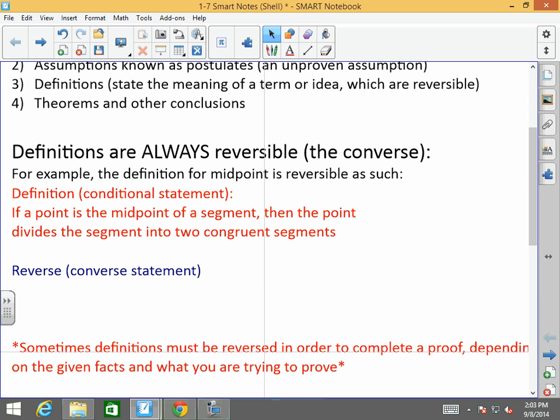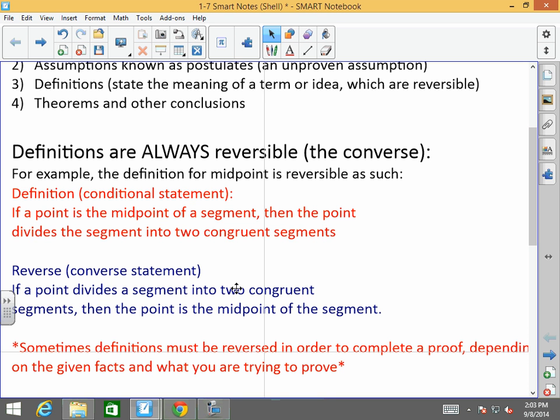So for example, for this one, if a point divides a segment into two congruent segments, then the point is the midpoint of the segment. Now, these are reversible because they're both true. Okay, the definition of the midpoint is the definition. That's the conditional. You can't change that. That is the conditional. But I can reverse it into the converse. And all I did was literally reverse it.